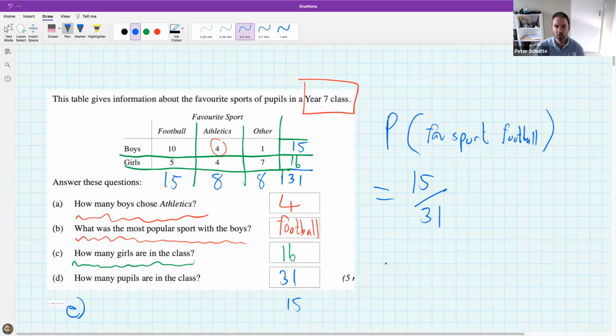Okay. If I said to you, if you chose a random person from the class, let's say a boy, what is the probability that a randomly chosen person is a boy in this class?